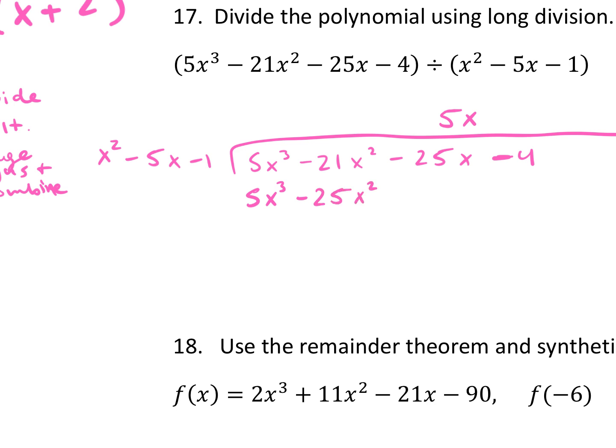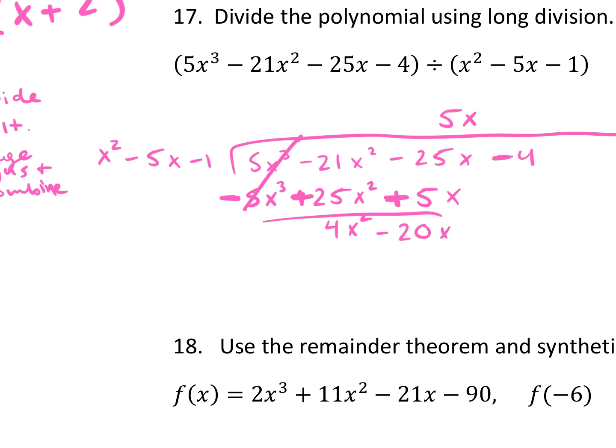And 5x times negative 1 would be negative 5x. Change the signs and combine. 5x cubes cancel. Negative 21x squared plus 25x squared would be 4x squared. Negative 25x plus 5 would be negative 20x.